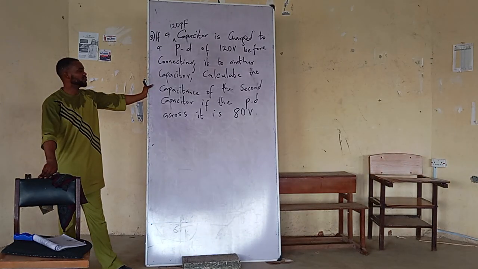Calculate the capacitance of the second capacitor if the potential difference across it is 80 volts.